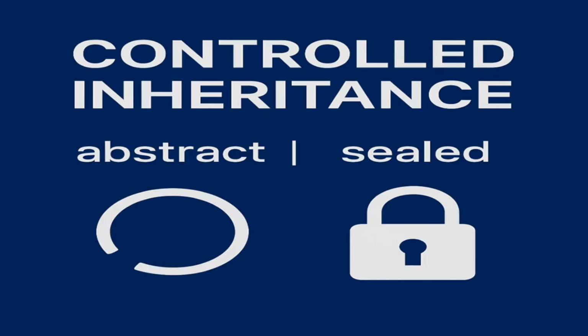So how can we define what exactly is abstract and what is sealed, and how it is related to inheritance? Abstract is a class that cannot be instantiated directly. In other words, you cannot create an object of an abstract class itself. So then how are you going to use it? The idea behind an abstract class is that it always acts as a base.